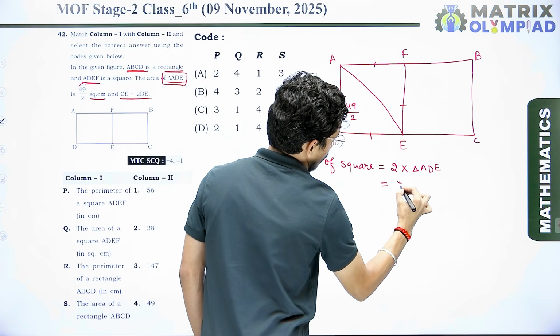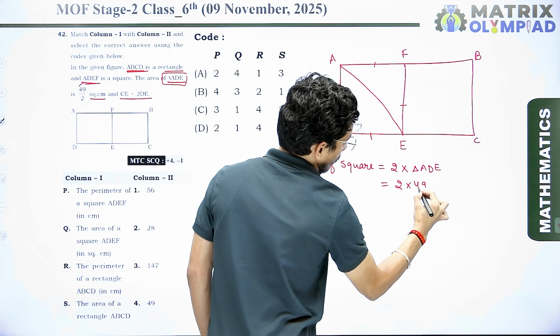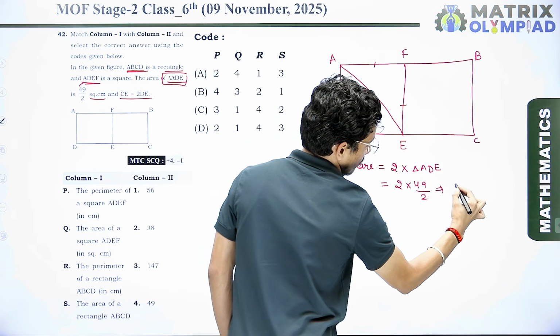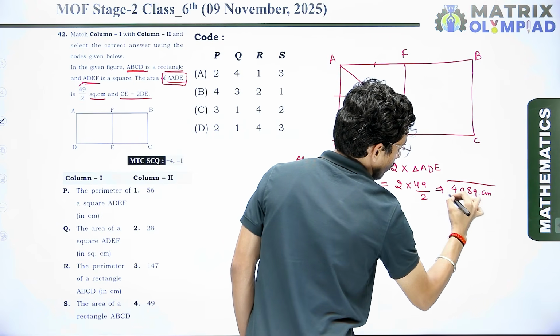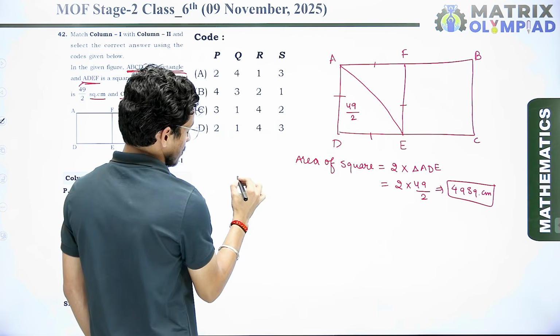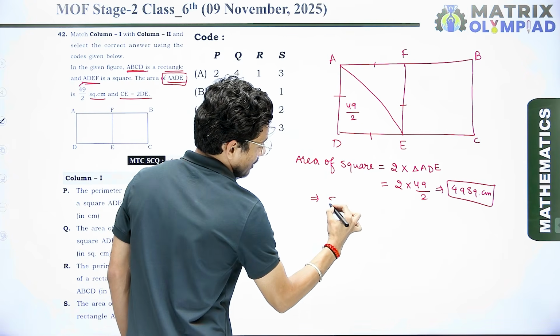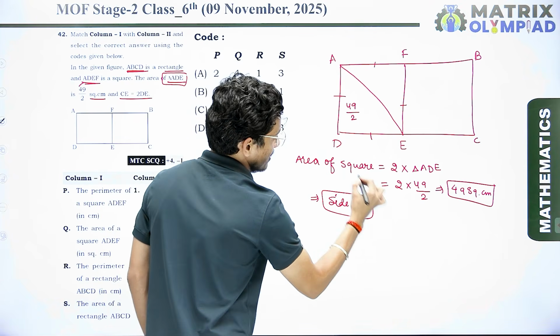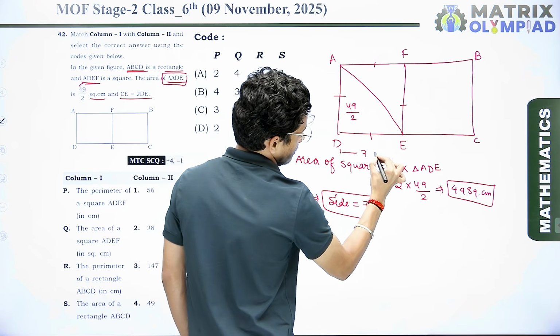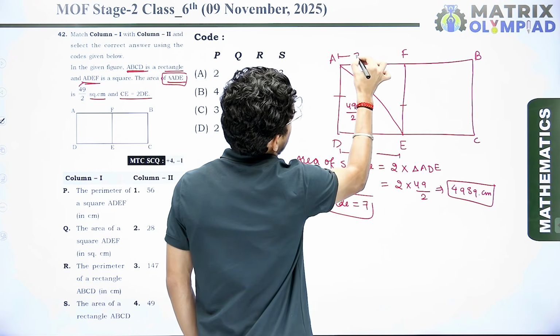So I can write here 2 multiply 49/2, that is 49 square centimeter. That is the area of square. We know area of square is equal to side multiply side. So the side we get, that is 7. It means the length of DE is 7. This one is also 7.